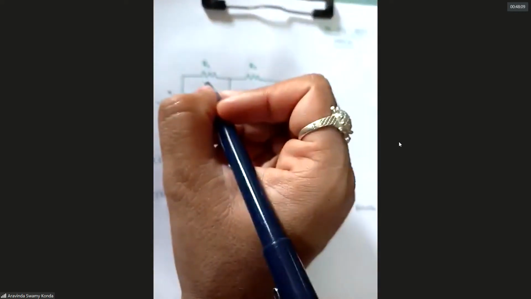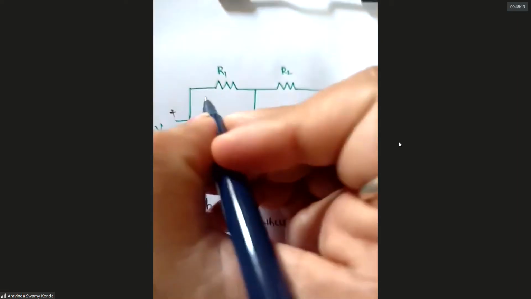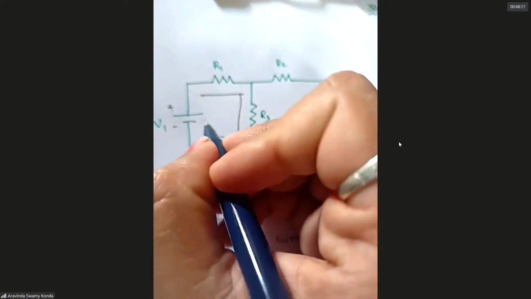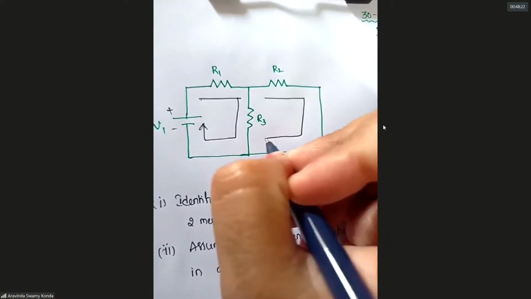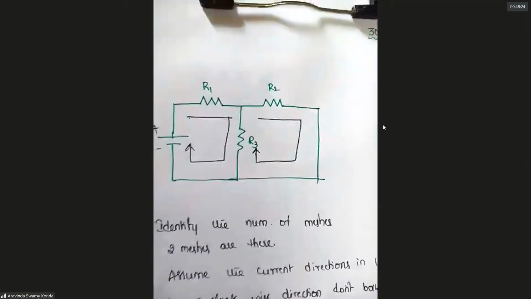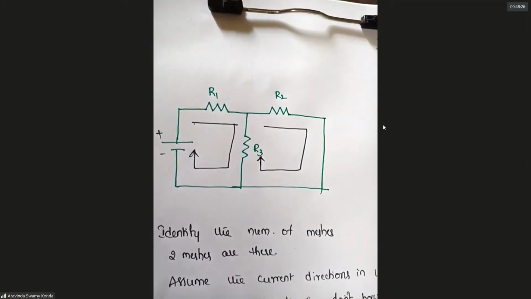You see like this, you want to be like this. This is the assumed current direction for this mesh and for this mesh. Okay, am I clear up to now?